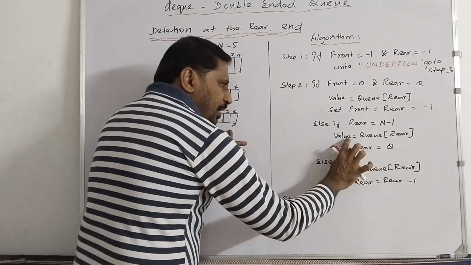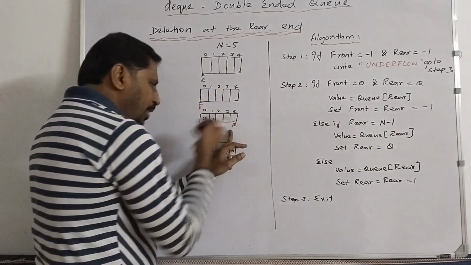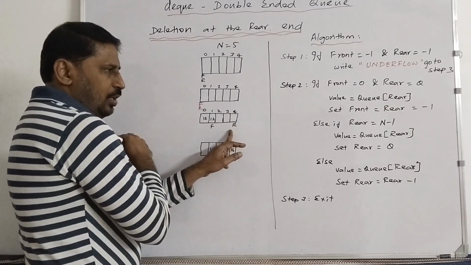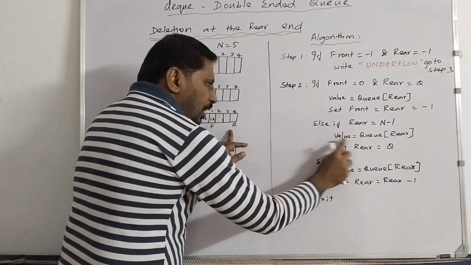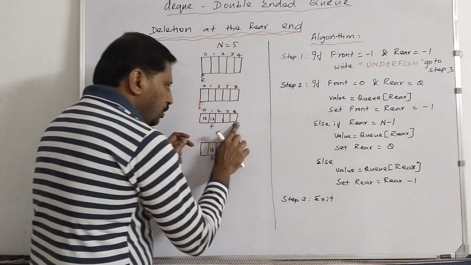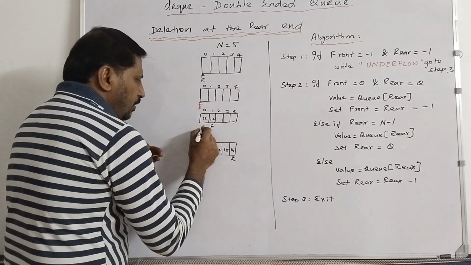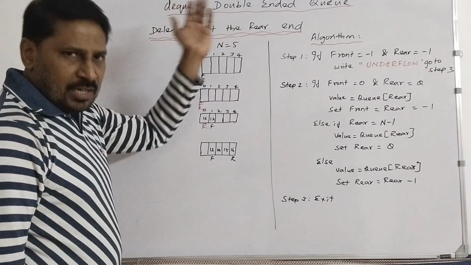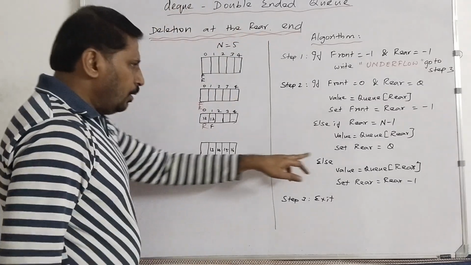So after deleting, value equals q of rear, I am taking the value from the q end and storing it in the value variable. After that, set rear equal to 0. So rear comes here, to the 0th position. Okay. Because it is a double-ended circular queue.